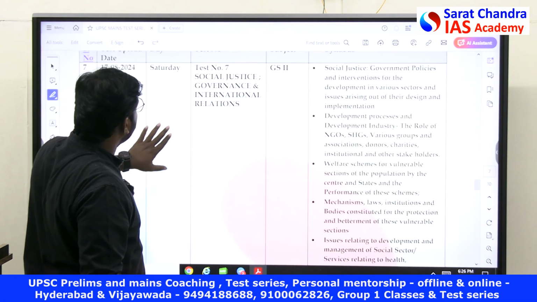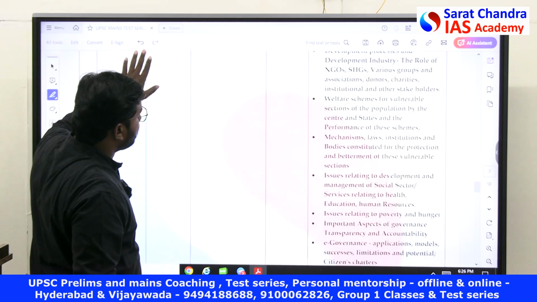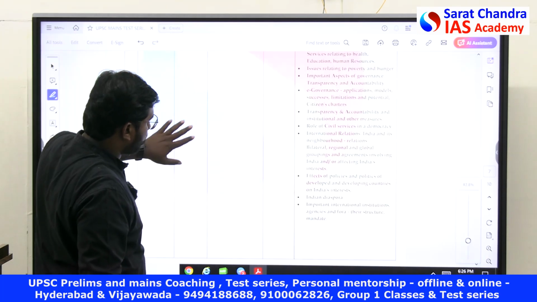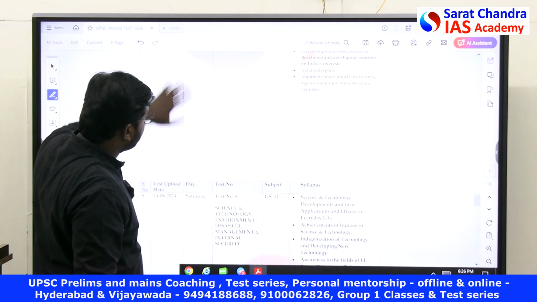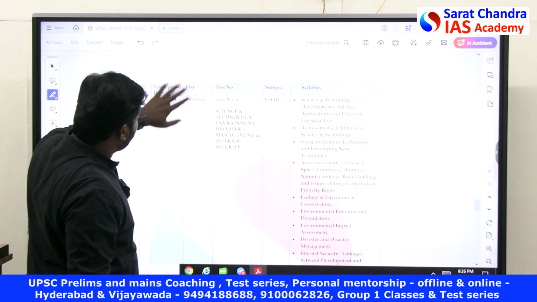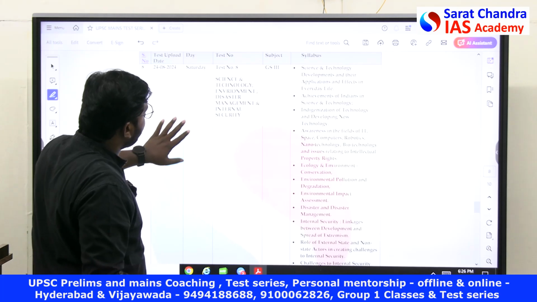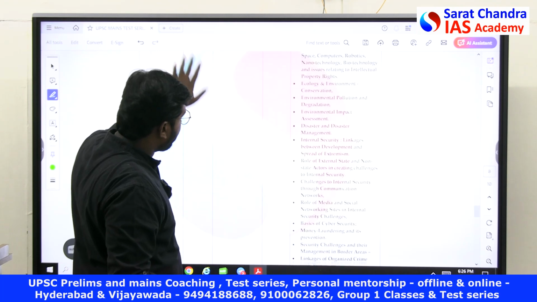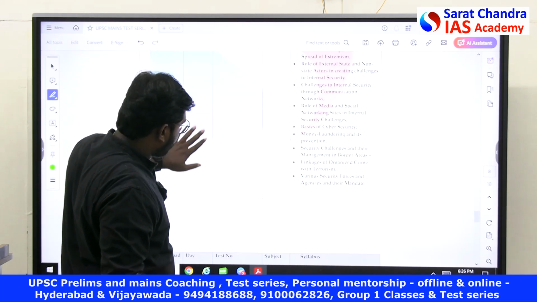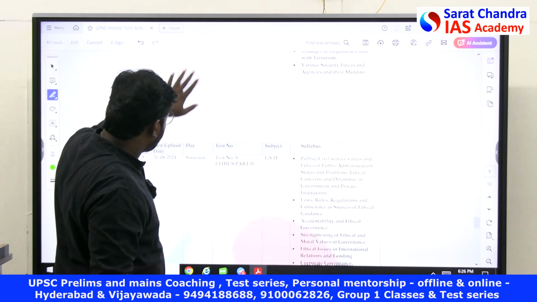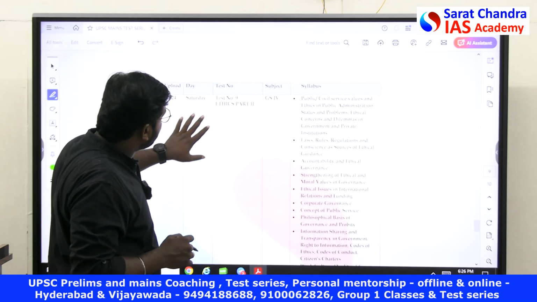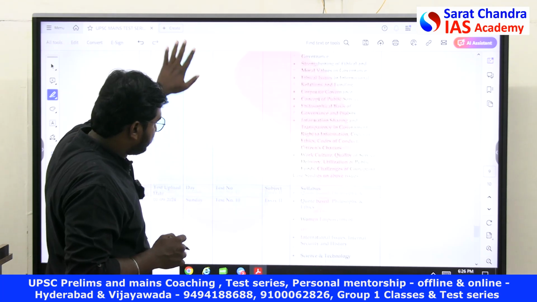And then we have social justice, governance, international relations. All the points mentioned in the syllabus were covered. And then in test 8 we have science and technology, environment, disaster management, and internal security. And then GS4 again, the rest of the topics from ethics and the associated case studies.